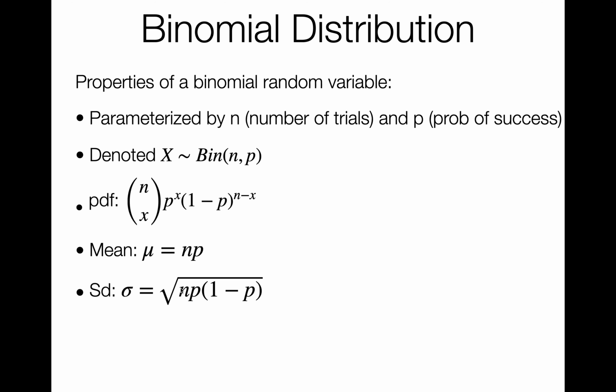But for the normal distribution, we also use mu and sigma for mean and standard deviation. So don't think too much about the symbols. The binomial distribution has a mean of n times p and a standard deviation of the square root of n times p times 1 minus p.